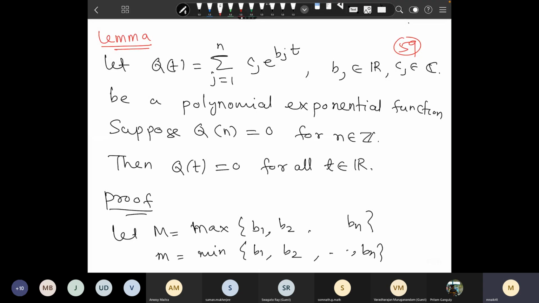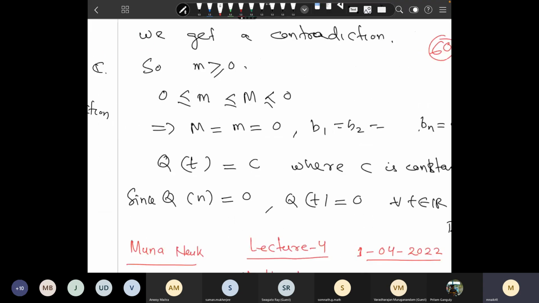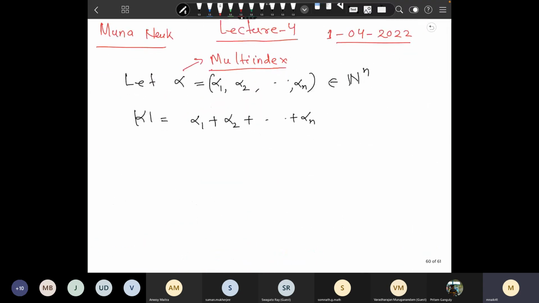So we will use this lemma now, and today we will prove polar decomposition for pseudo-algebraic groups.